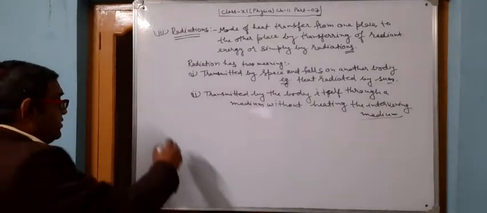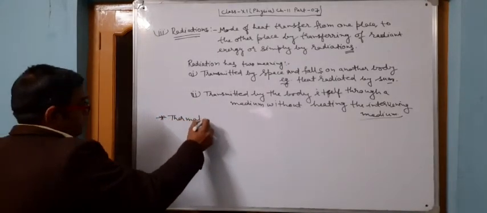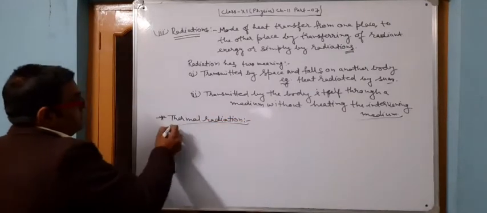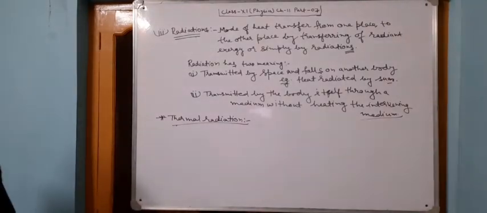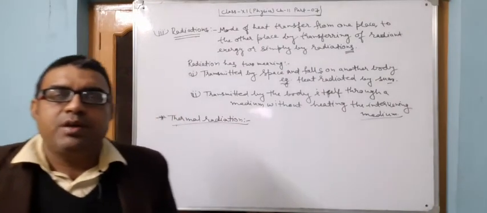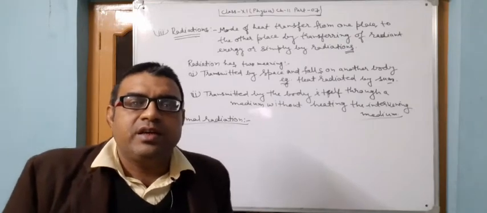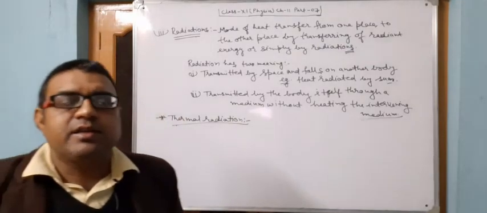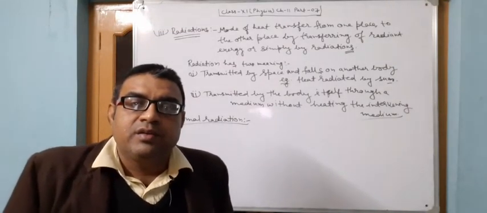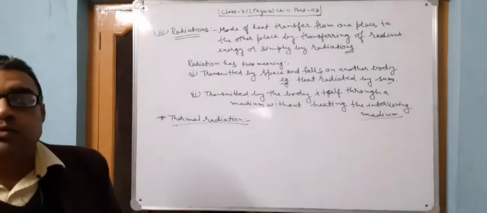So certain terms are related to radiation. First one is thermal radiation. Thermal radiation means a part of the electromagnetic spectrum which provides us the heat, that is infrared radiation. That radiation has the capability to heat any substance, and any hot body emits that radiation, which has the tendency to carry the heat.